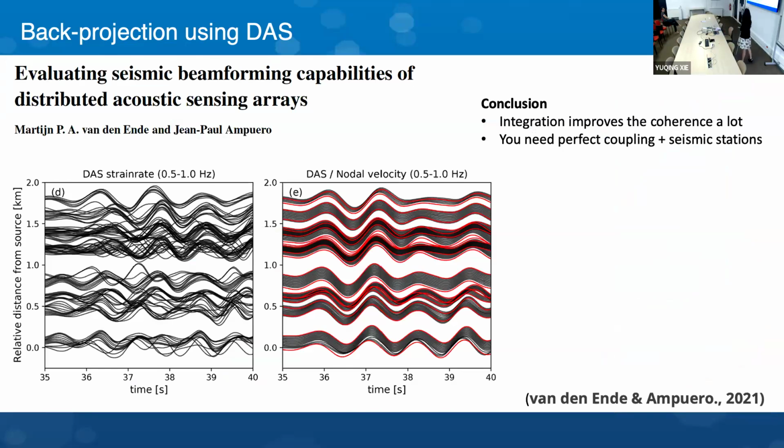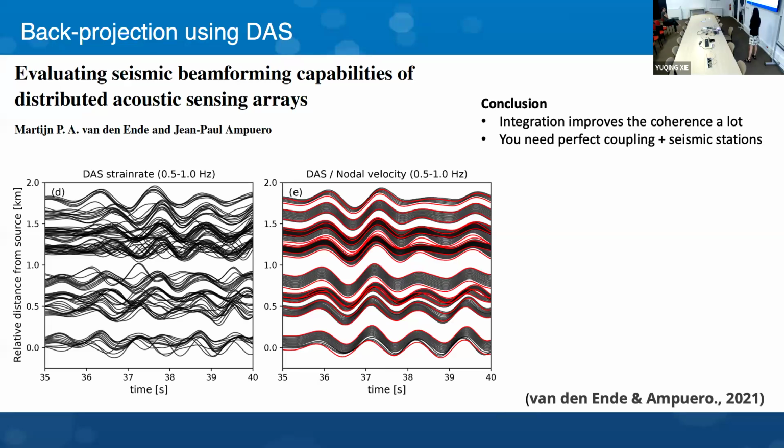This is a previous exploration of whether the seismic imaging method or back projection can be used on that data. They found an important conclusion: if you integrate from the original strain rate recording to the particle velocity, the waveform will look much more coherent.